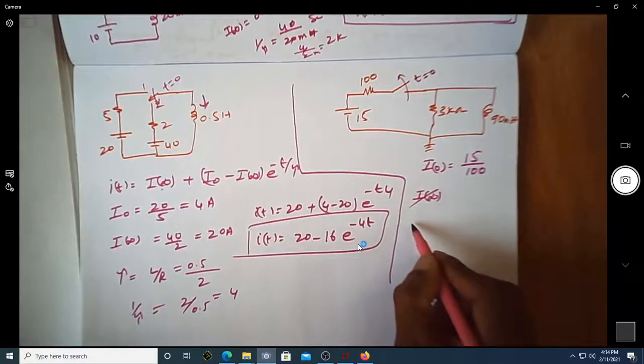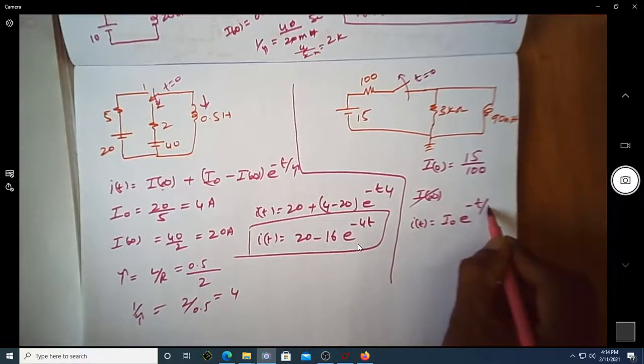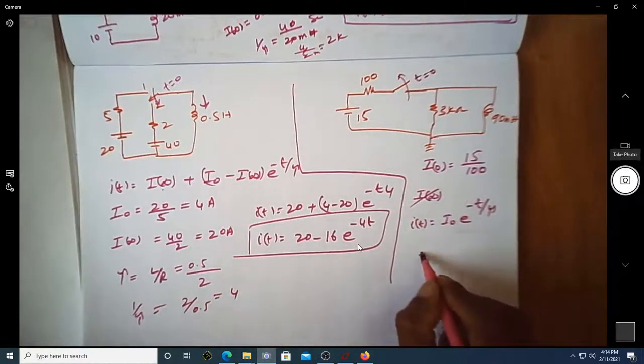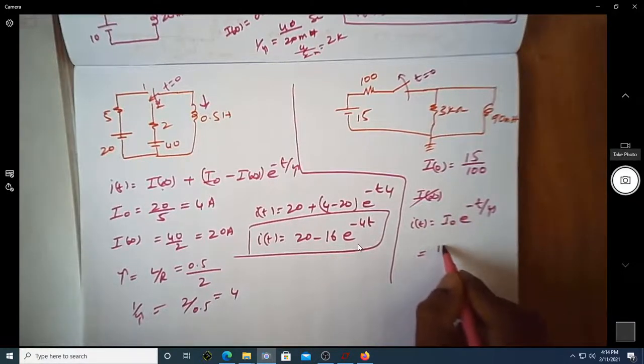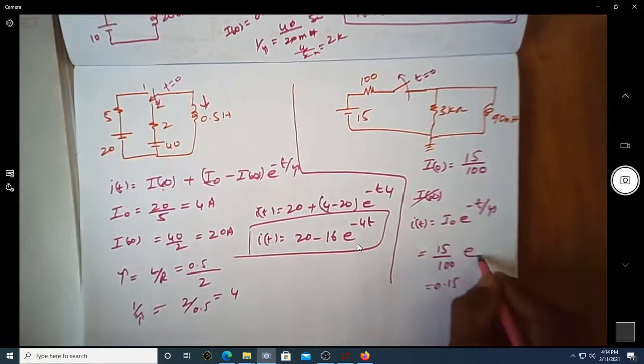So the expression I now have is I of t equals I naught e power minus t by tau. I know I naught is 15 by 100, which is 0.15, into e power minus t by tau.